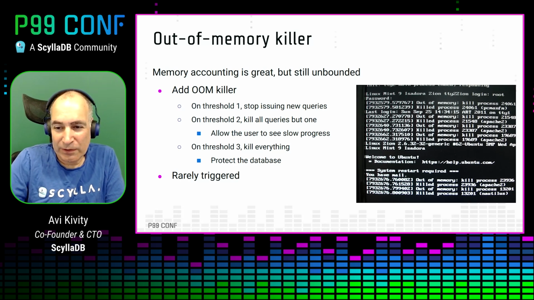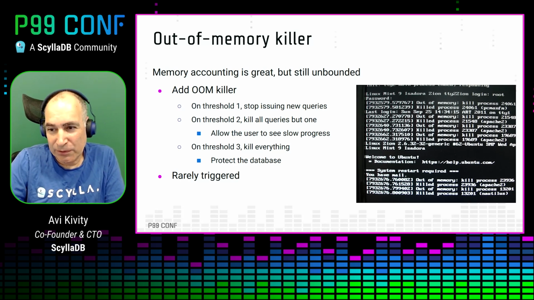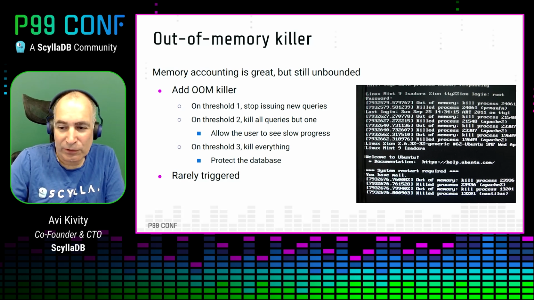It's similar to the one that you have in Linux. When some process goes wild and allocates too much memory, then the Linux out of memory killer looks for the process with the highest memory usage and kills it in order to reclaim its memory, and hopefully the system is saved. So here we have something very similar, except it operates in two levels.